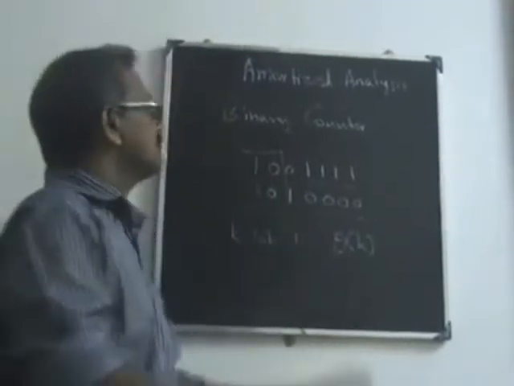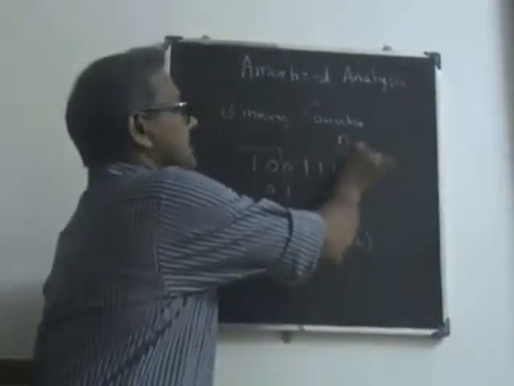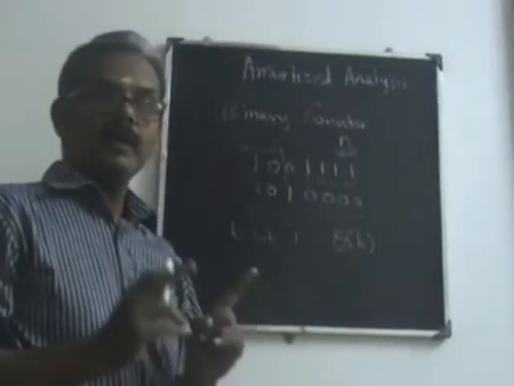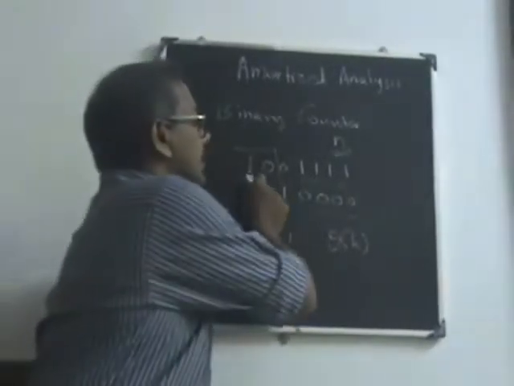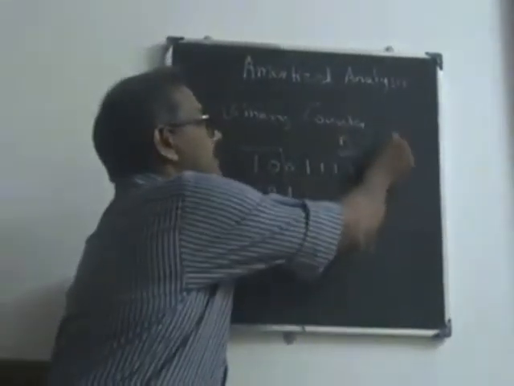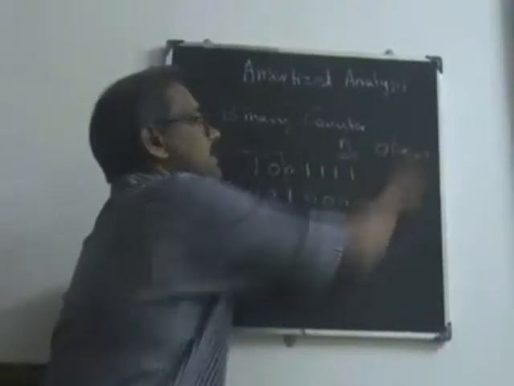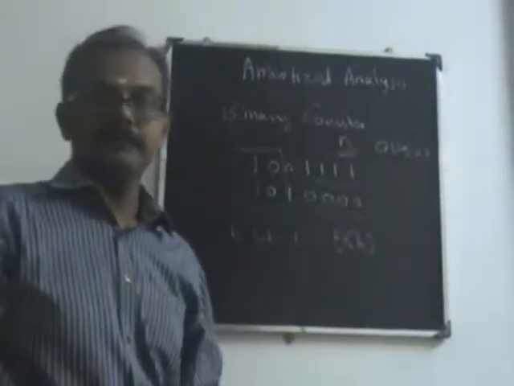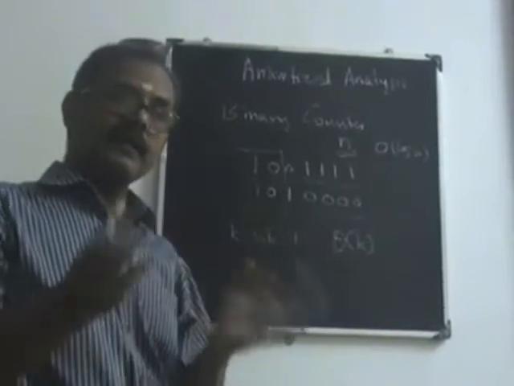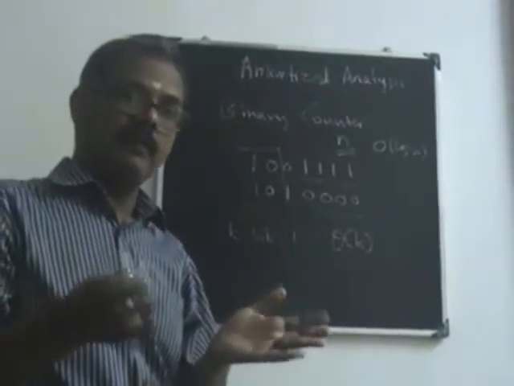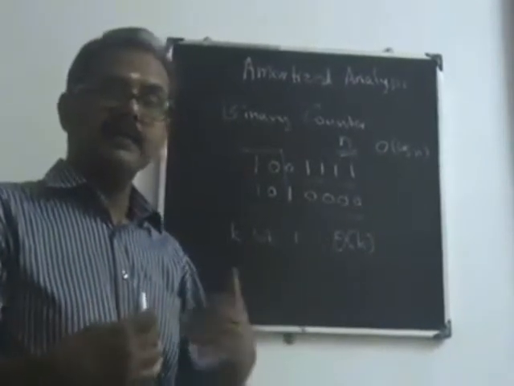But it is an n-bit binary counter, so the number of bits in the counter will be order of log n. So there will be log n bits, and these log n bits will be 1. That's the worst possibility.